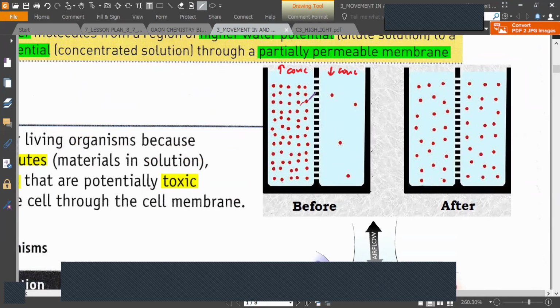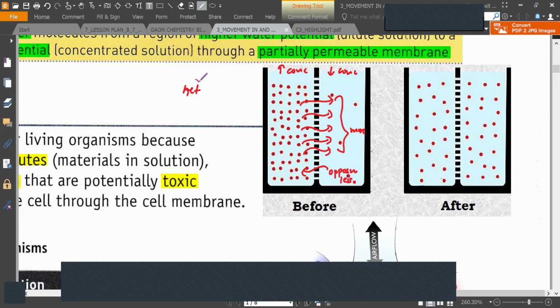Of course, we will have movement from here to here. But at some time, we also have this opposite movement sometimes. It's just that this one will be more, and this one will be less. So that's what we call net movement.